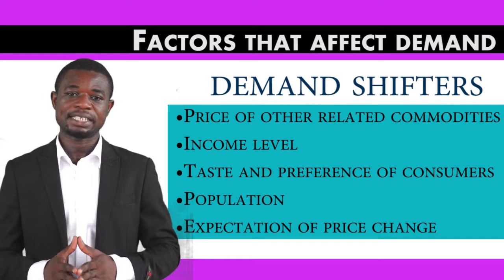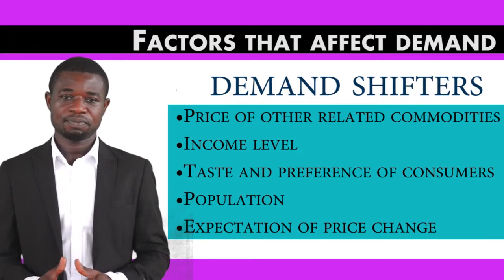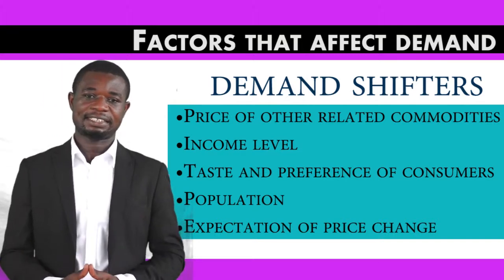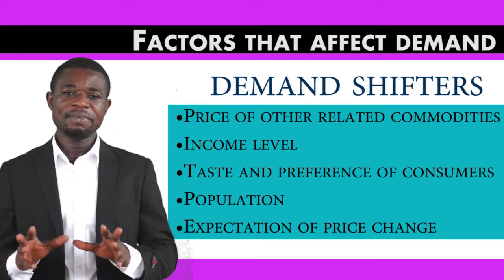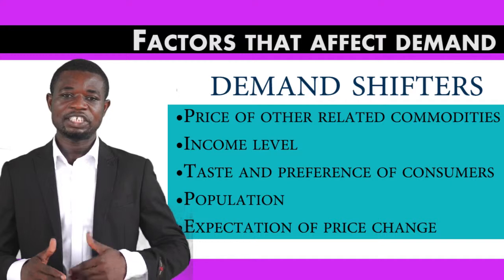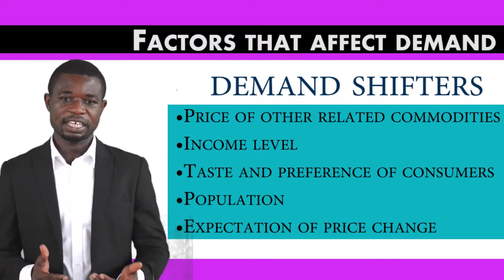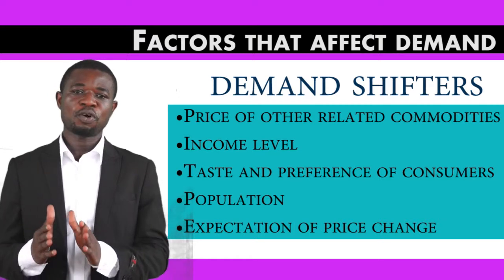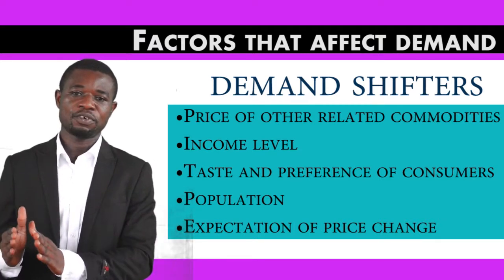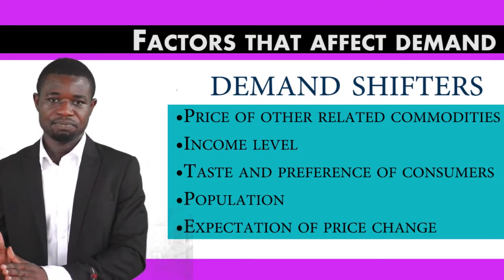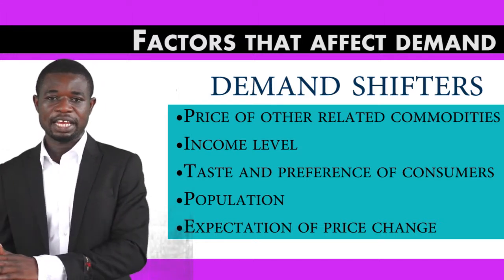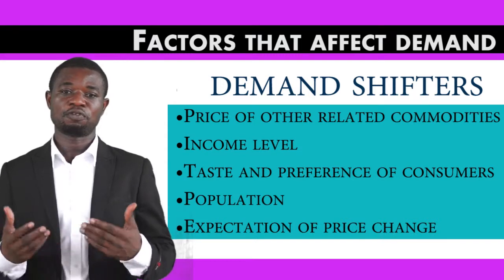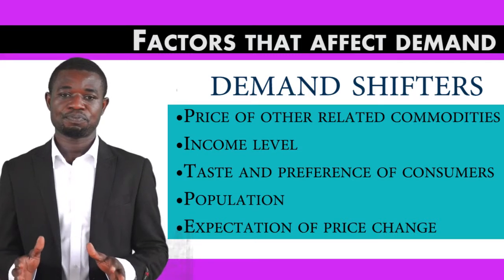The reason they are called by that name is that anytime any of these factors change, for instance, if your income changes, you are going to have the demand curve shifting either to the left or to the right, depending on the direction of change in income.